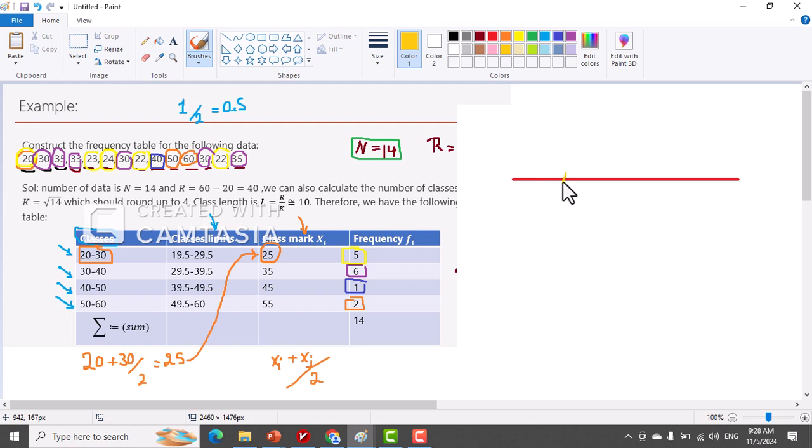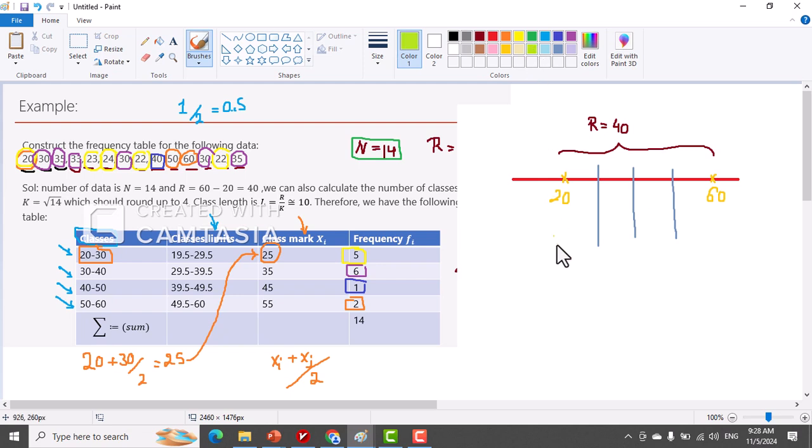If we consider the number 20 and the maximum data that we have, which is 60, we split them and calculate the range of the data. As I said before, the range is equal to the difference between 60 and 20, which is 40. When we calculate the number of classes, we split the data into parts. Over here we had 4 classes, so we split the data into 4 parts.